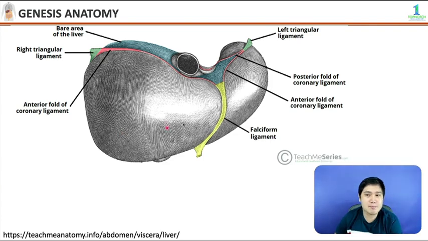So in this picture, this is the falciform ligament, this is the ligamentum teres hepatis, and this is the coronary ligament, anterior fold and posterior fold. The portion in between them, the blue part, is the bare area of the liver, an area devoid of peritoneum. Kaya pwedeng magkaroon ng infection dyan, sa bare area of the liver. Your anterior and posterior folds will join together to form the left and right triangular ligament.